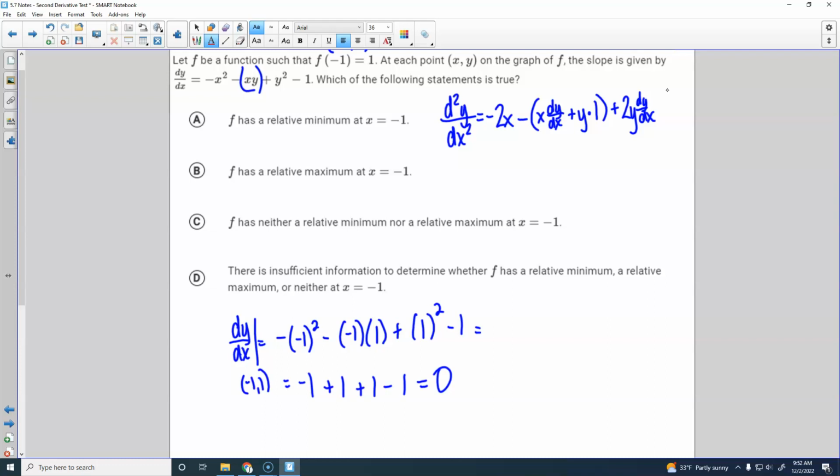So this seems complicated because you've got this dy/dx, and you may have to plug that in. You could plug this stuff in for the dy/dx, which would make it incredibly complicated. But we only care about this at one singular point, at (-1, 1). So what we're going to do is just plug the point (-1, 1) in for our x and y.